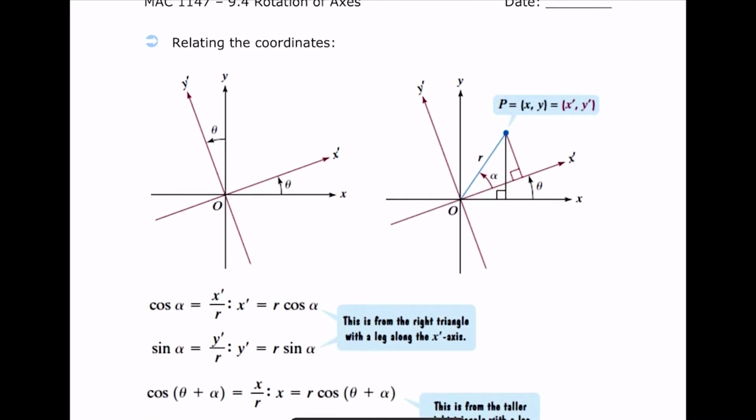Relating the coordinates. In the left-hand one of these graphs, we see that the coordinate plane has been rotated by an amount of theta, whether that's measured in degrees or radians.